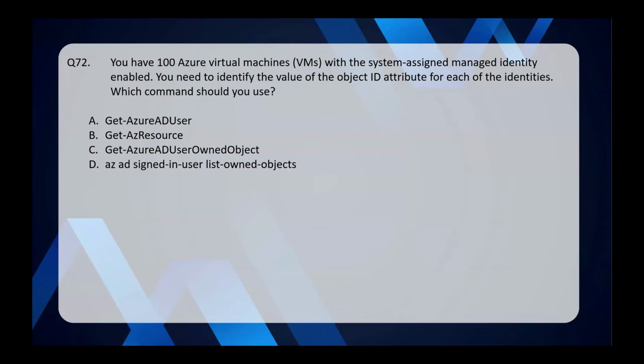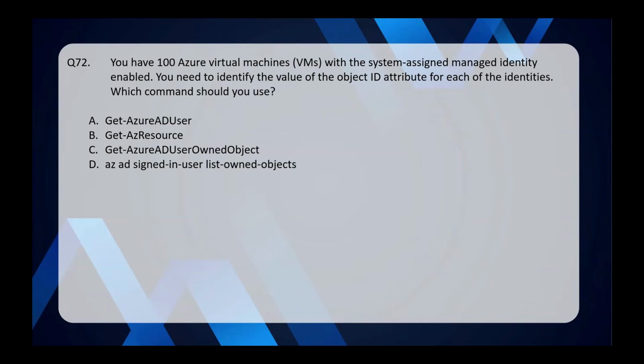You have 100 Azure virtual machines with the system assigned managed identity enabled. You need to identify the value of the object ID attribute for each of the identities. Which command should you use? Your options are Get-AzureADUser, Get-AzResource, Get-AzureADUserOwnedObject, and Az AD signed-in user list owned objects.